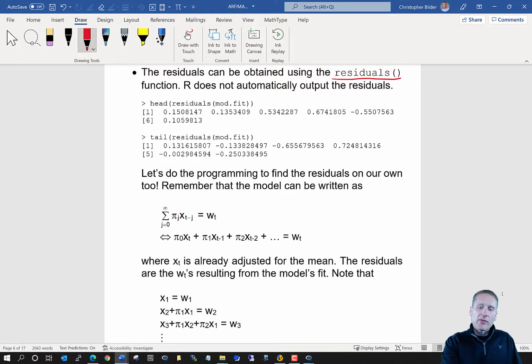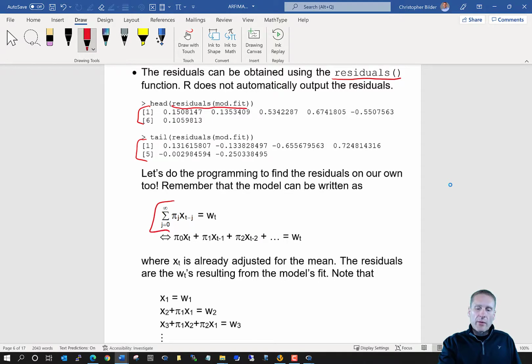Anyway, to find the residuals, I can find residuals of mod.fit. Here are the first 6. Using the tail function, I find the last 6 as well. So while this residuals function is convenient, I think it's good for us to see the process of how one would find these w's ourselves.